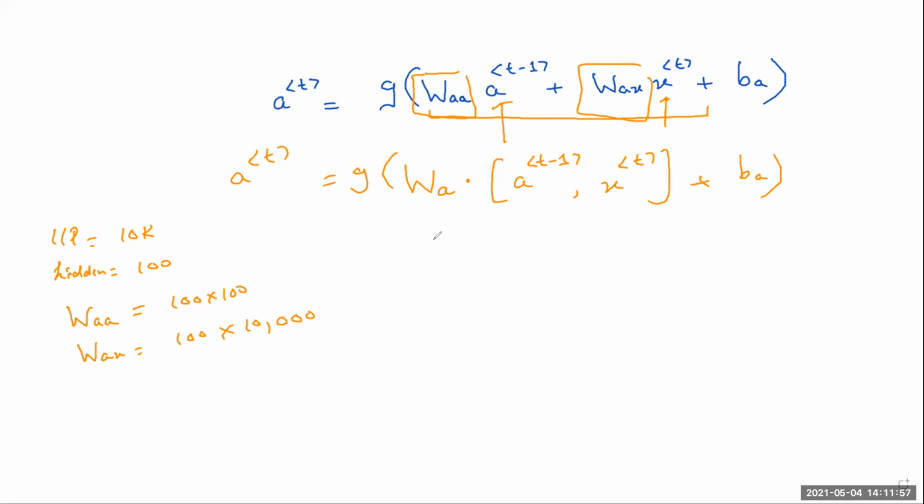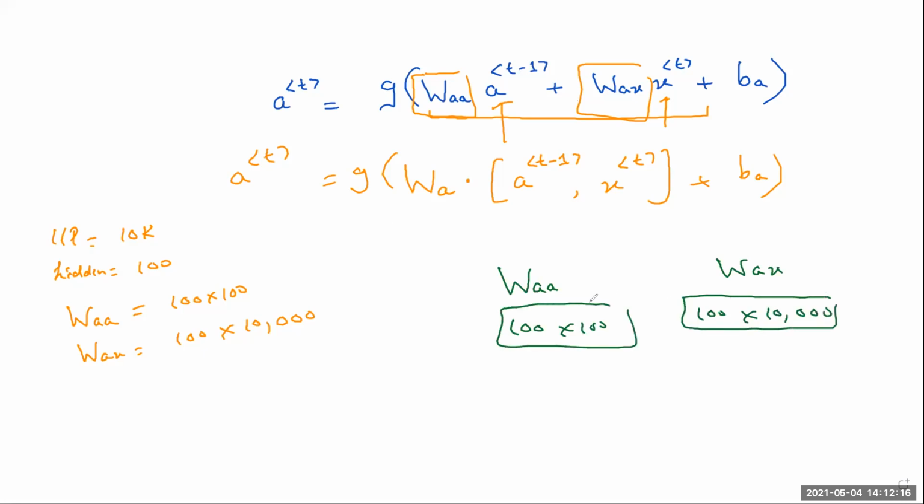So when we say combine these two matrices, we have WAA, which is 100 cross 100, and we have WAX, which is 100 cross 10,000. We concatenate them together in a single matrix, and this matrix is 100 cross 10,000 plus 100.